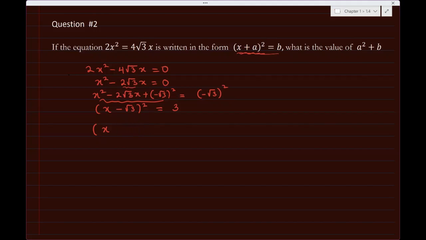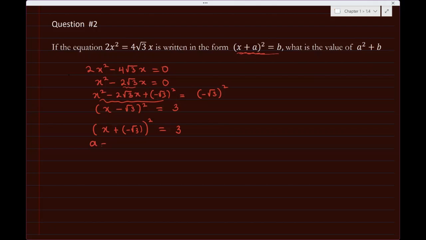Or better still, we can just write it as x plus minus root 3, all squared, equals 3. Now, this is to help us identify what is our A and what is our B.